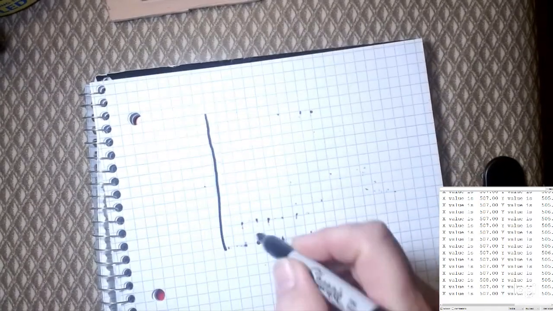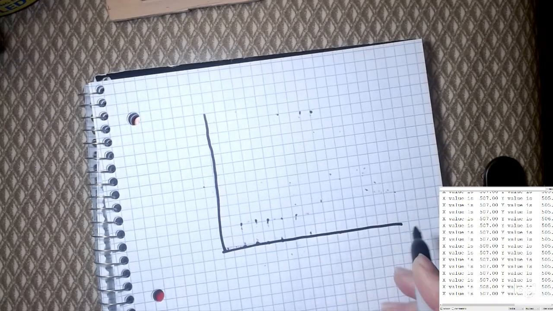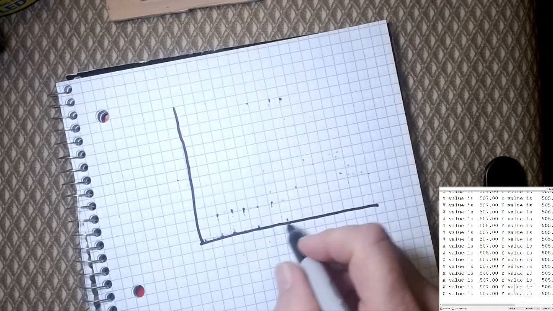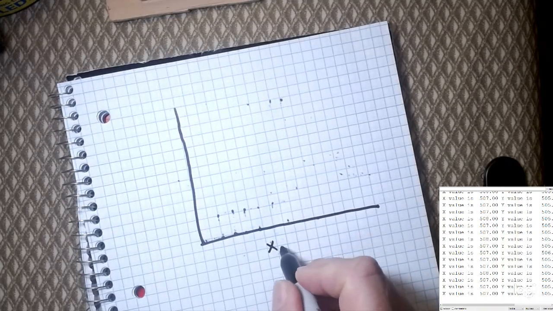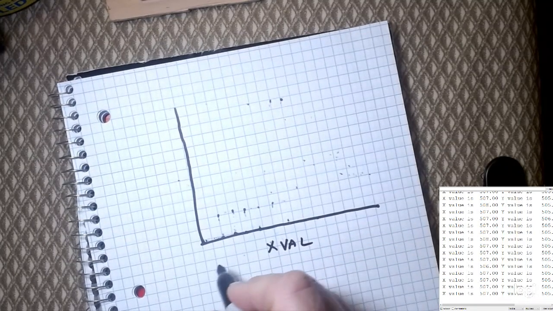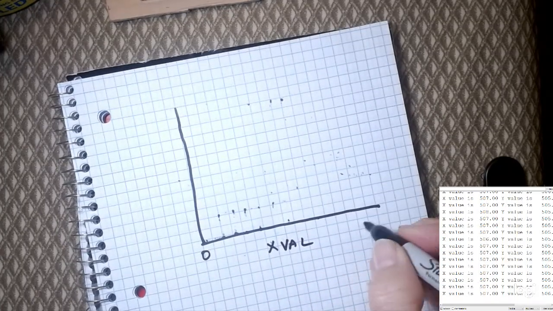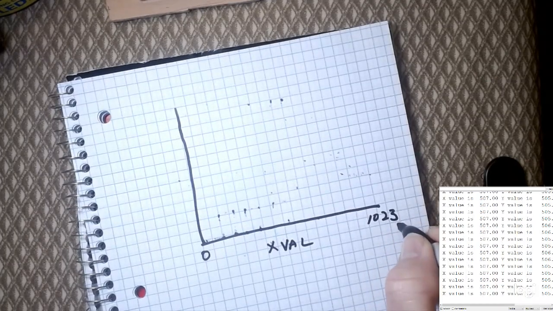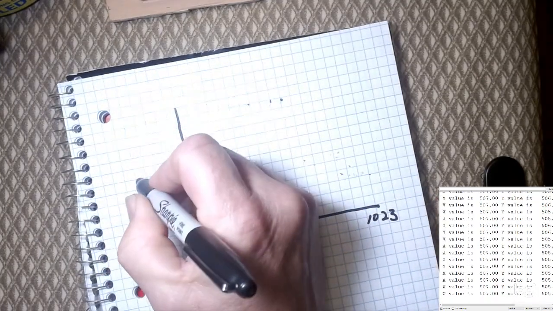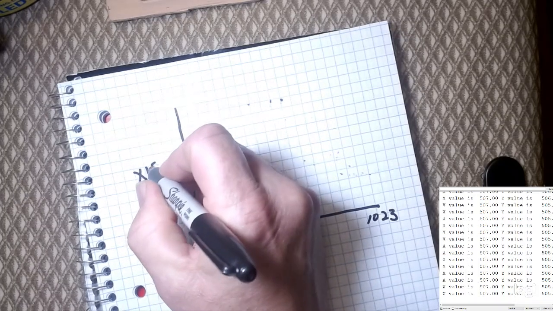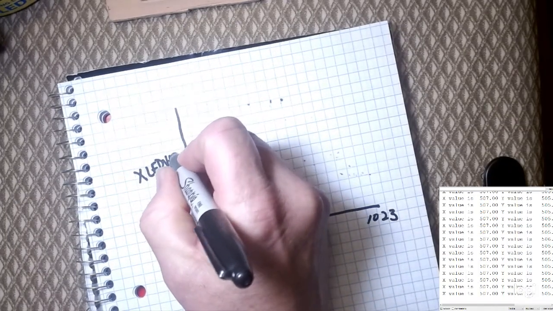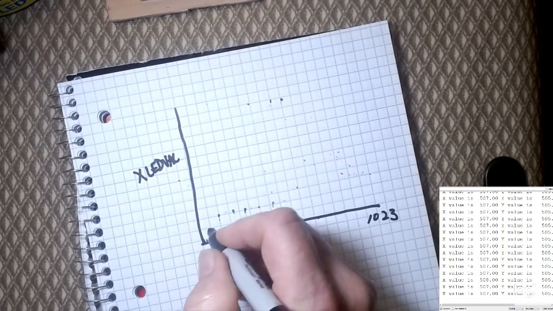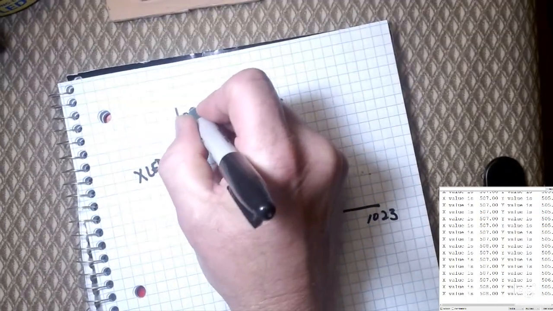If I have a graph like this, this is my X value, and it's a number between 0 and 1023, and this is my X LED value, and it's looking for a number between 0 and 255.